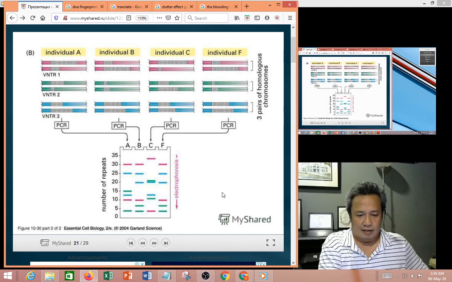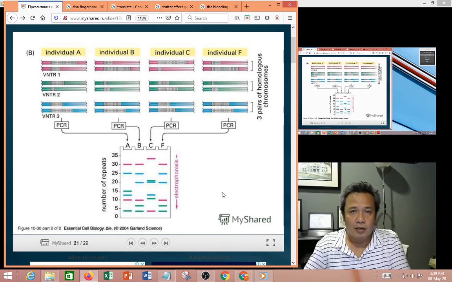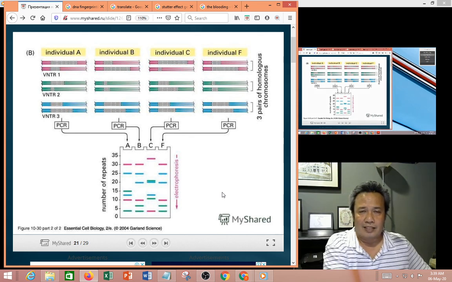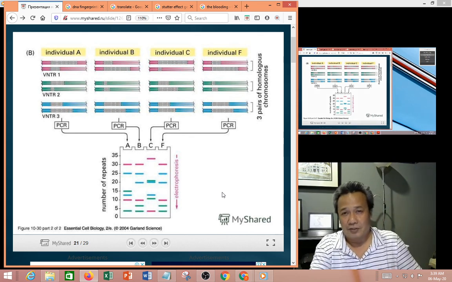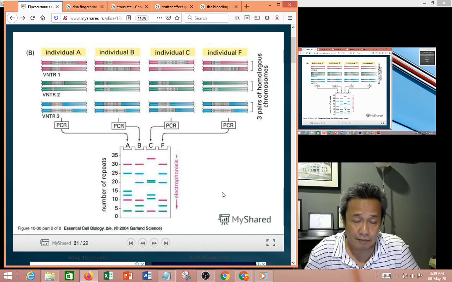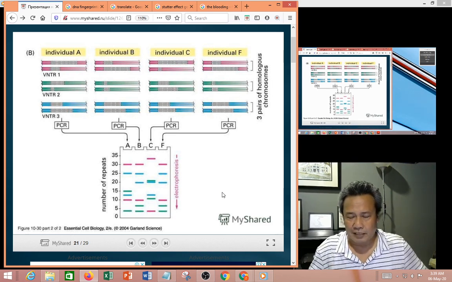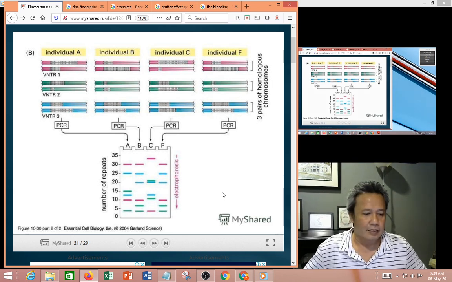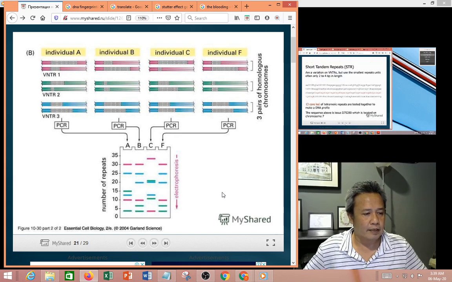The more loci you look at, the chances of getting an exact match reduce, unless it's the same sample. So this has been the basis of paternity testing.